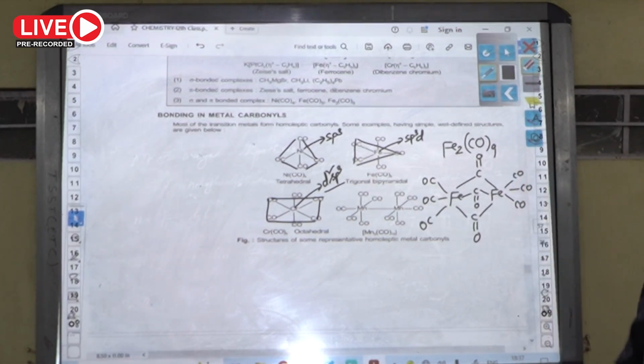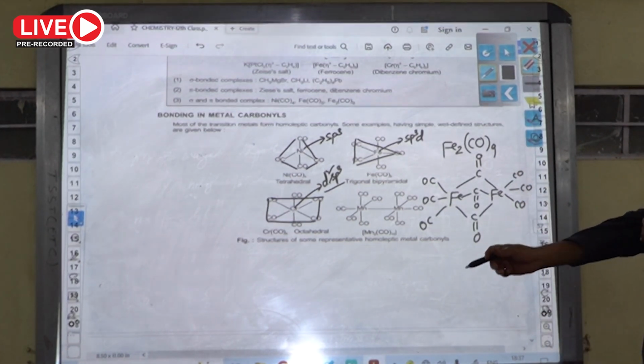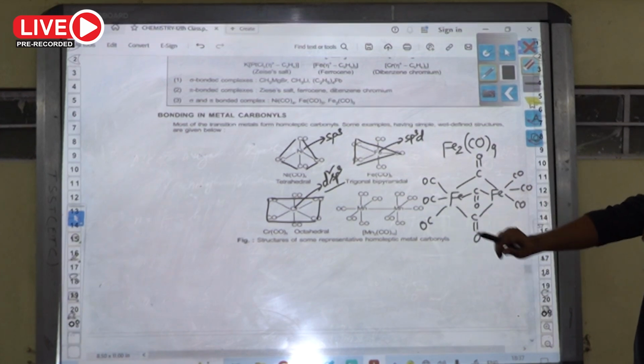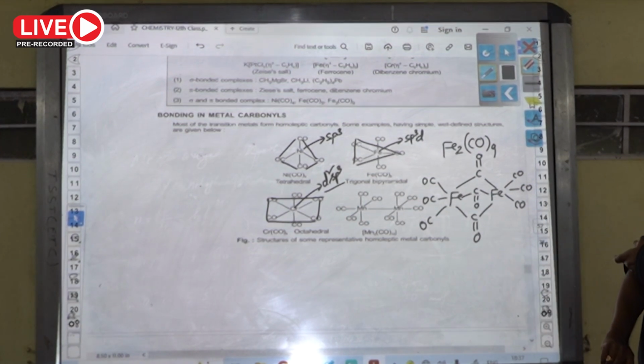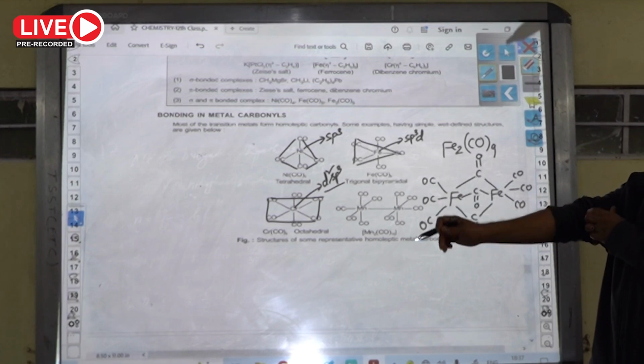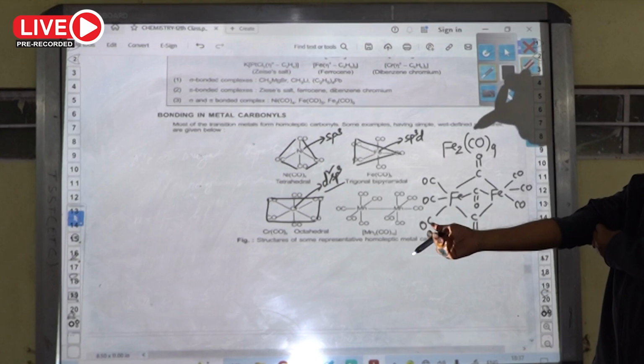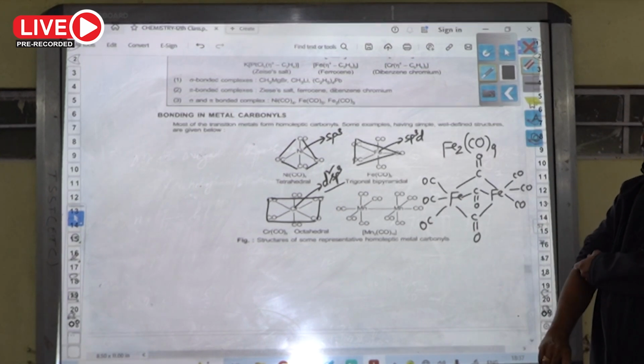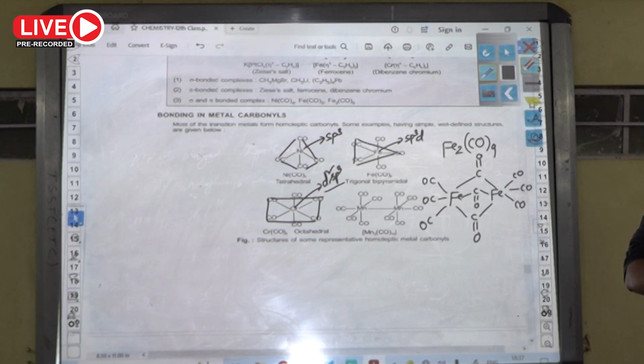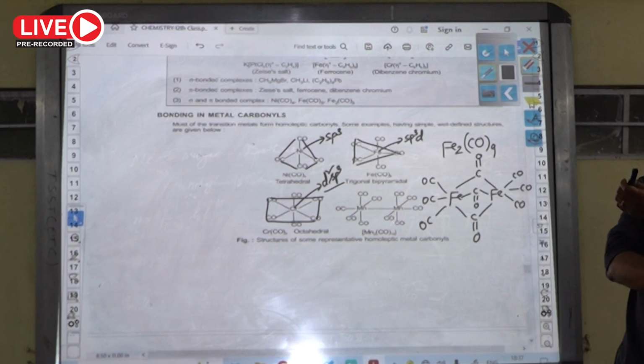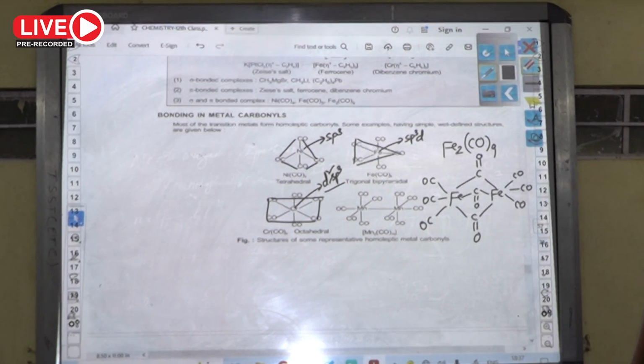Take one more point. All metal carbonyls where a metal-carbon bond is present are called organometallics.